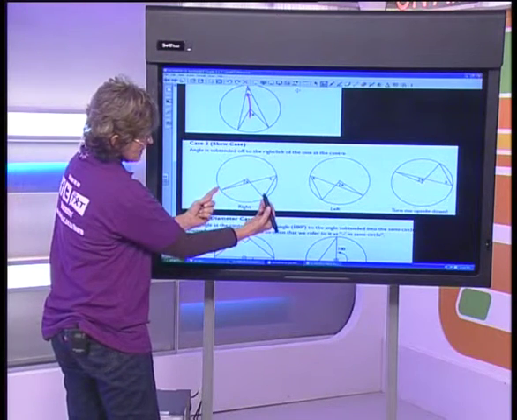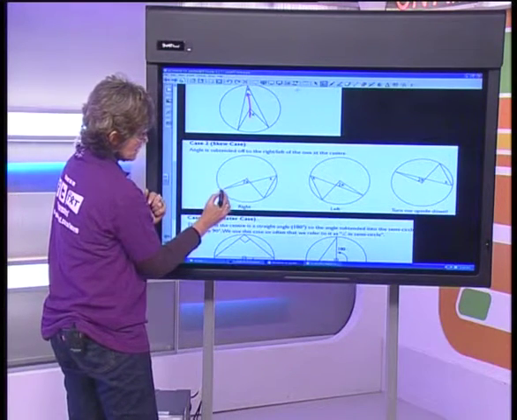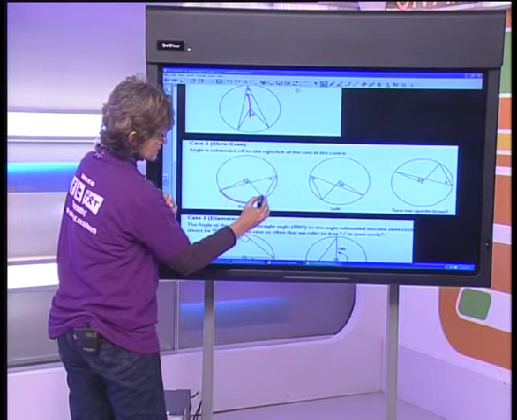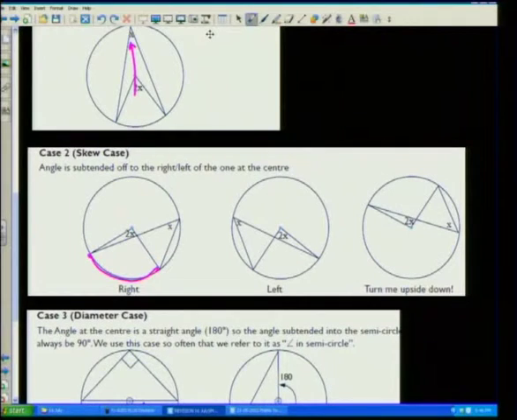As long as they're hanging off the same arc, the one at the center is automatically going to be double the one at the circumference. And whether it's skew to the right or skew to the left, if this one is, let's say, 120, then this one here would be 60 automatically.